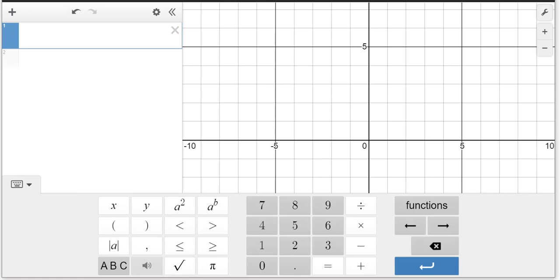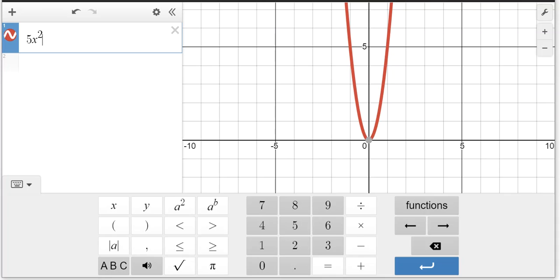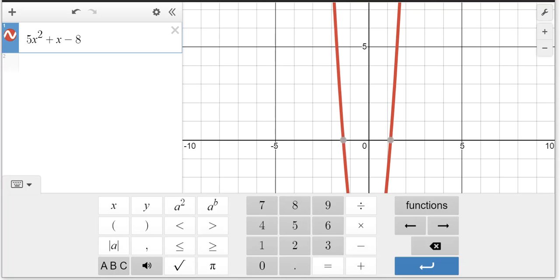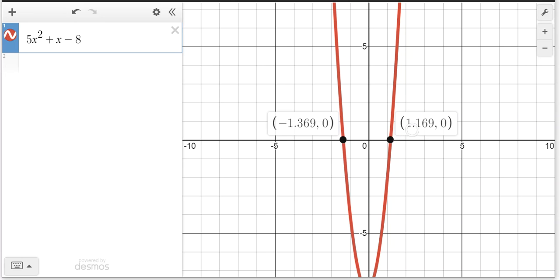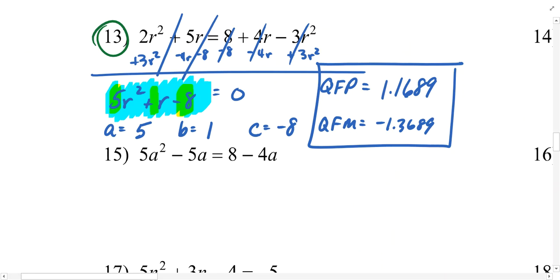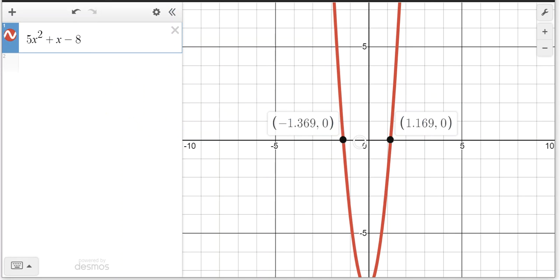So I'm going to say that 5x squared plus x minus 8 is the graph that I'm after. If I tap on the screen, I see the same results, 1.169 and negative 1.369, but with less accuracy.